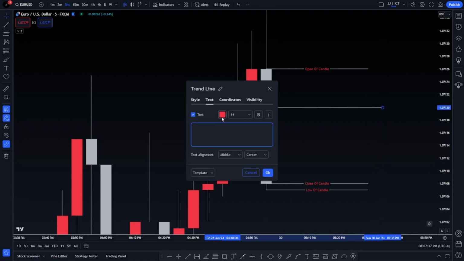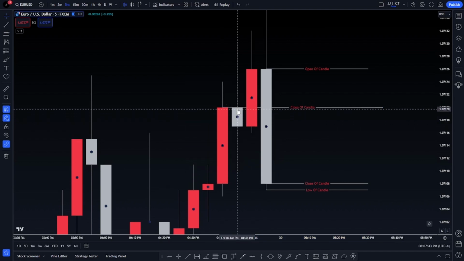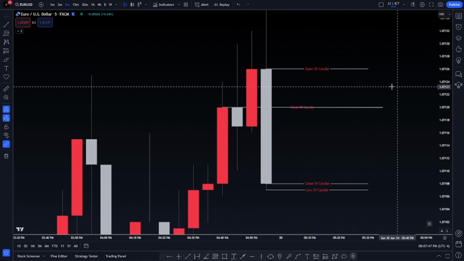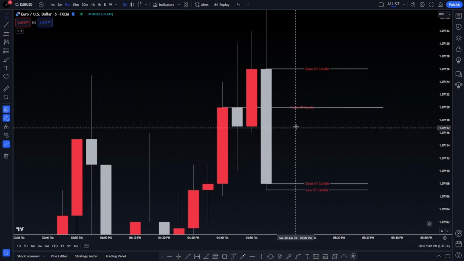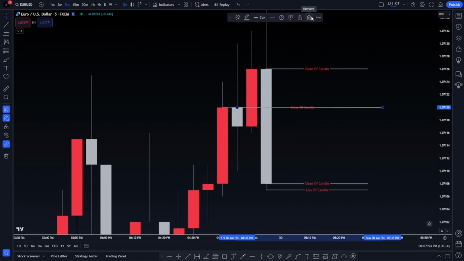So we're going to give you a little example. This right here is the close of this bullish candle, and this is the open, this level right here. You see how those two lines, they align? That's what I mean. So when one candle closes, the next candle should open at the same price that the previous candle closed at.